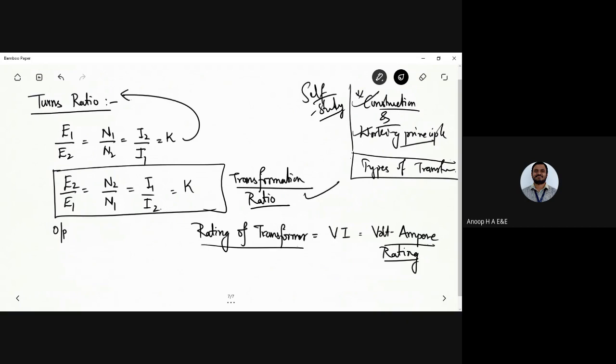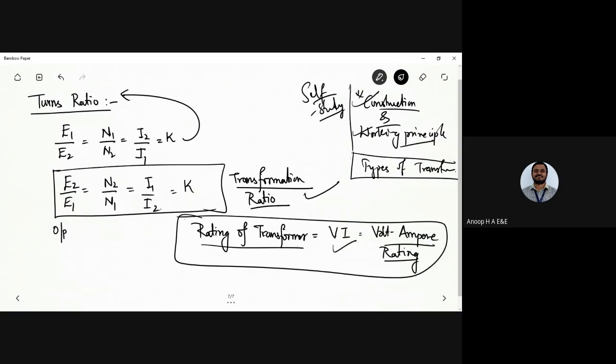So this is the transformer rating that we have got, V into I. Any doubt regarding this rating of the transformer? Because I can write it as V2 I2 equal to V1 I1. So the value of current is V1 I1 divided by V2.